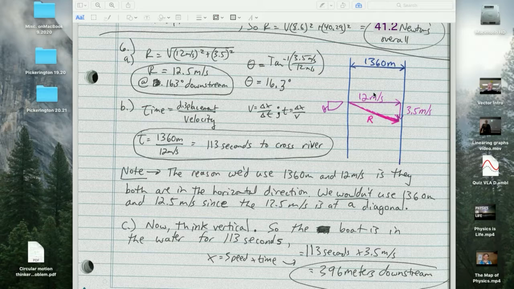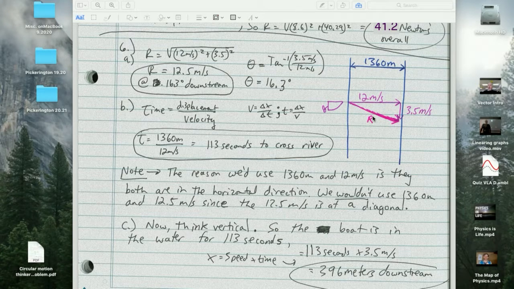So I need to take the 1,360 divided by the 12, not the 1,360 divided by this 12.5. We want to use the like part of this triangle. Horizontal part, which is a distance, horizontal part, which is a speed.